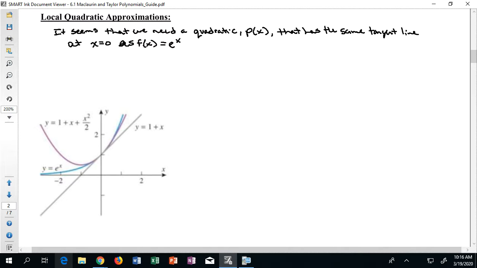Like that's definitely one thing I would need to be true, right? I definitely want to have the same tangent line at x equals 0. So the curve's kind of moving in the same direction.